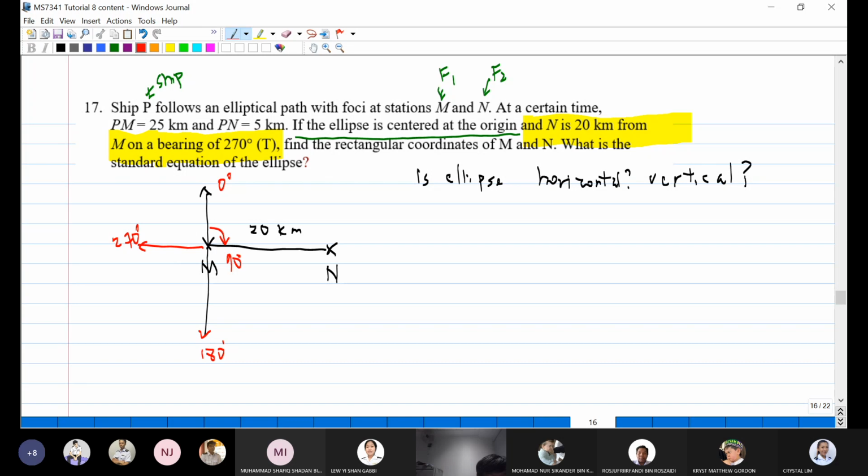Right? So you go like this, 270. So if you look at this, N is 20 kilometers from M on the bearing of 270. So by right, N should be here, right?